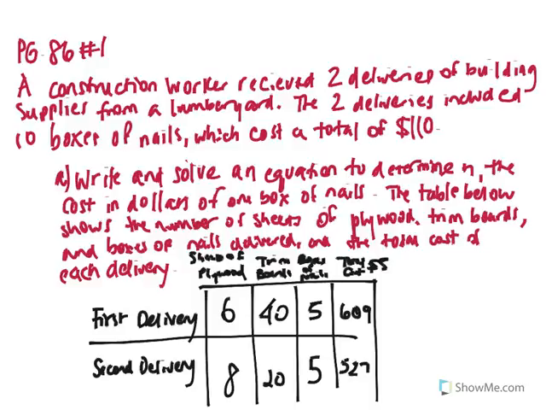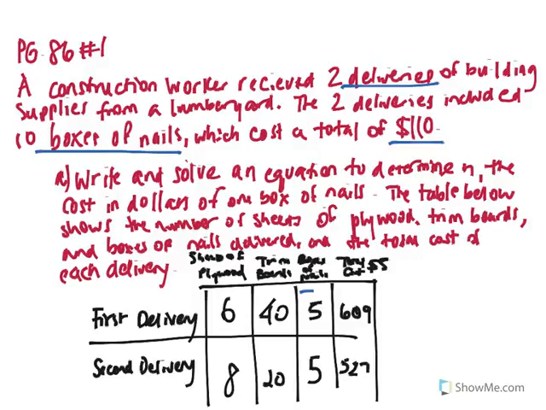Okay, next question that people had a lot of questions on is page 86, number 1. Now, a construction worker received 2 deliveries of building supplies from a lumberyard. The 2 deliveries included 10 boxes of nails, which cost a total of $110. So if I look at my chart down here, I have my 2 deliveries of nails.